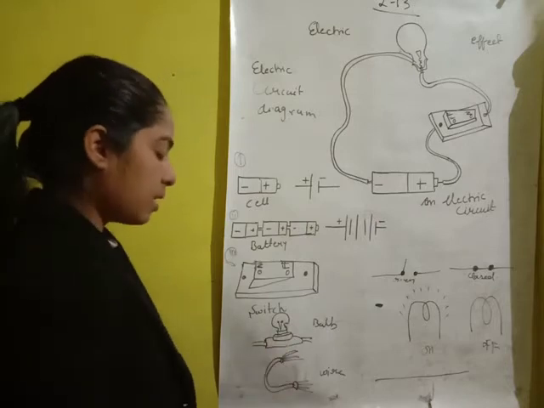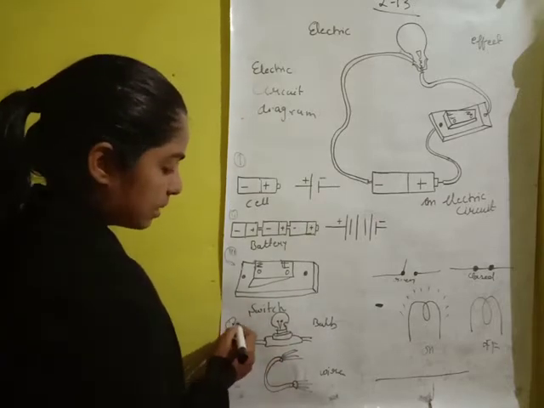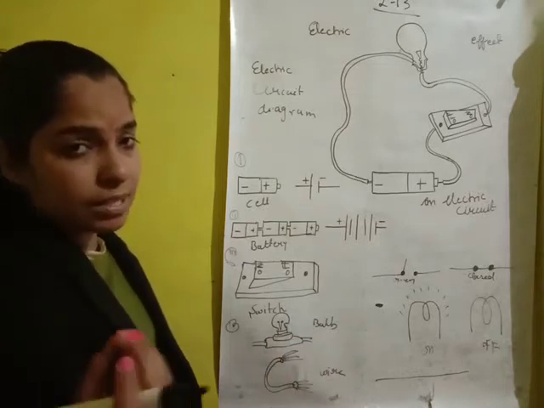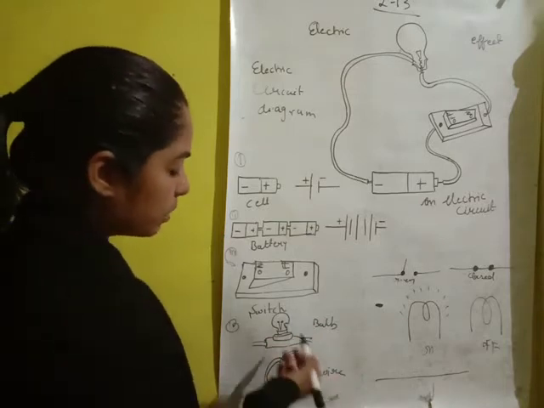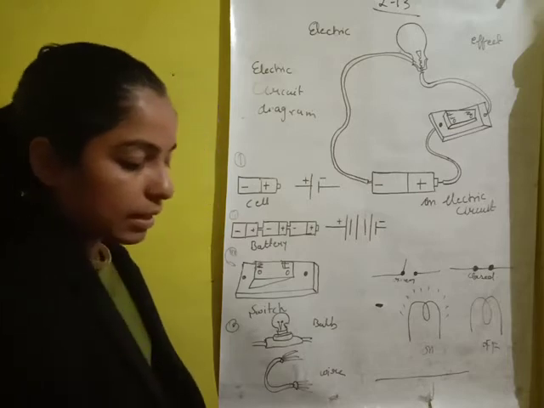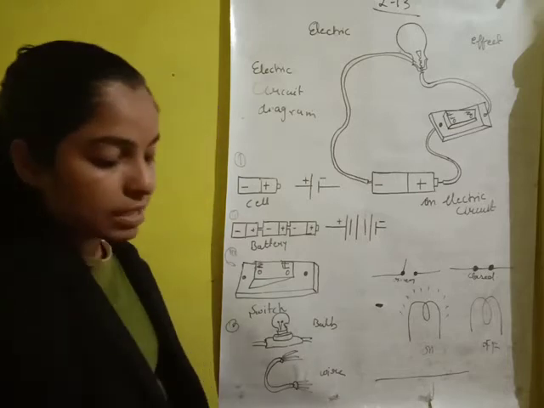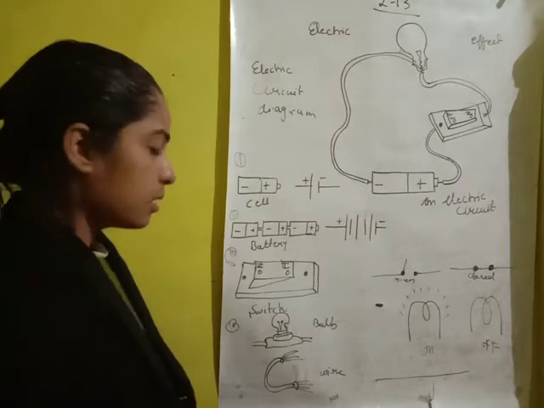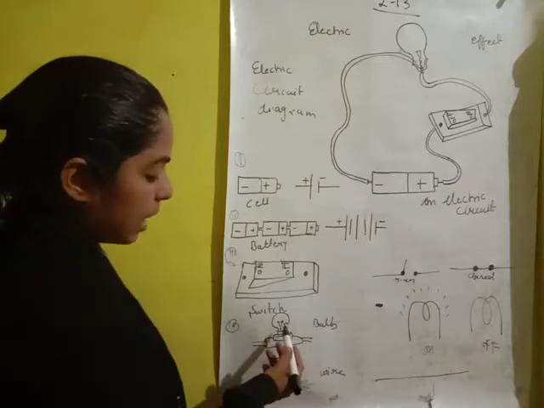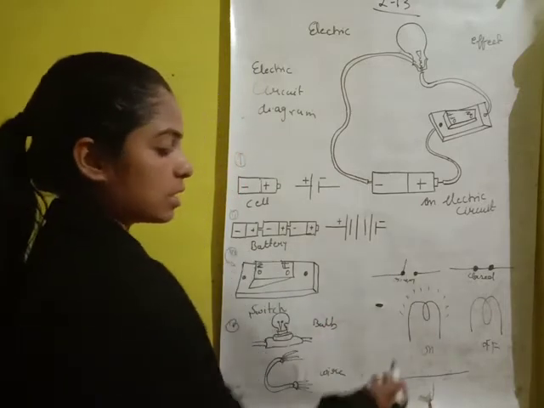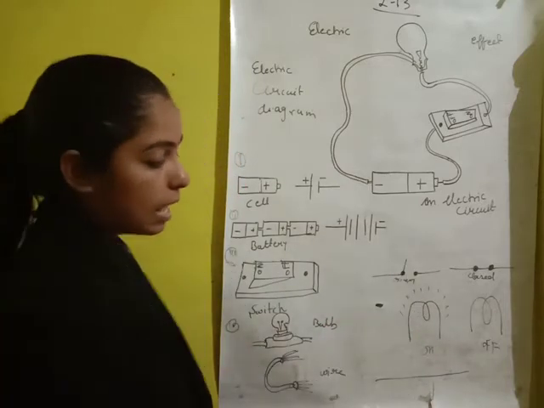Now after the switch, the fourth part is the bulb. When electricity is flowing, the bulb glows. On page number 81, the bulb is also given in its on and off forms. This is the on form of a bulb and this is the off form.